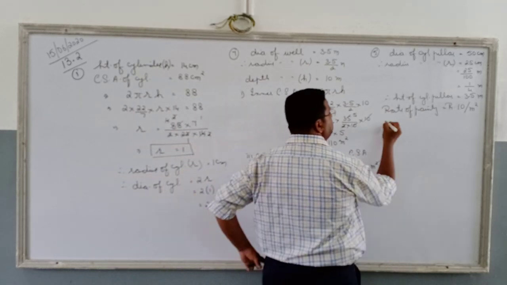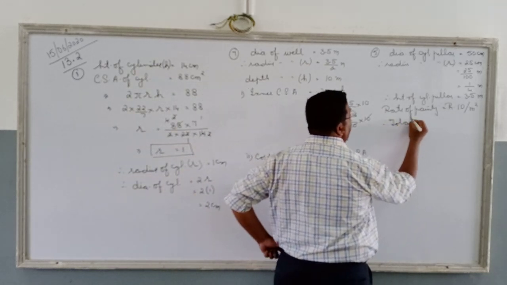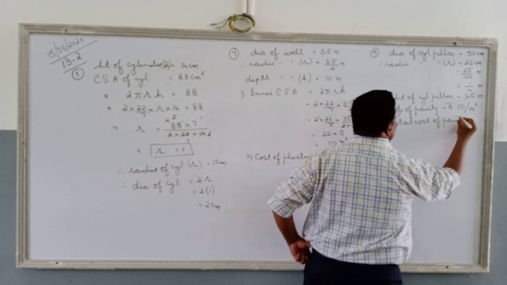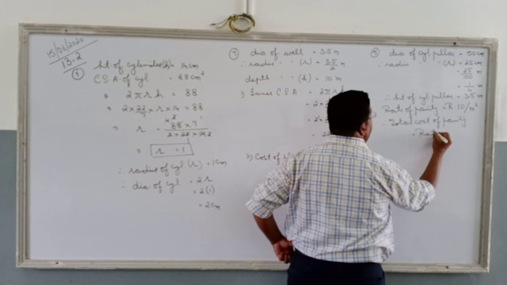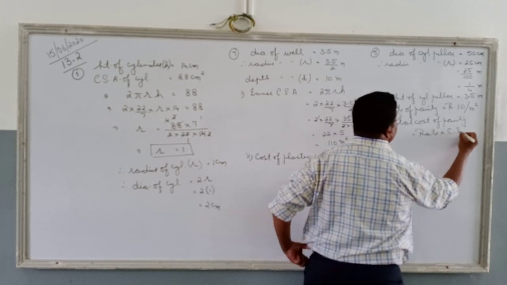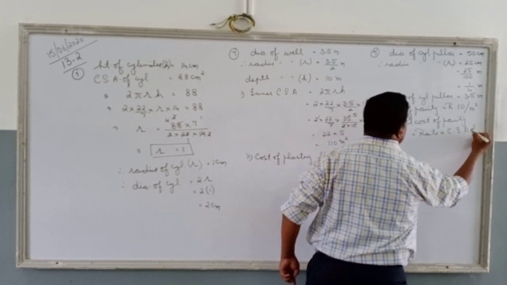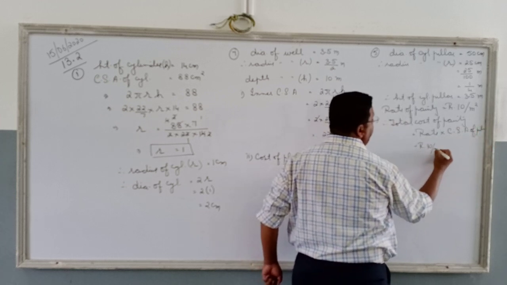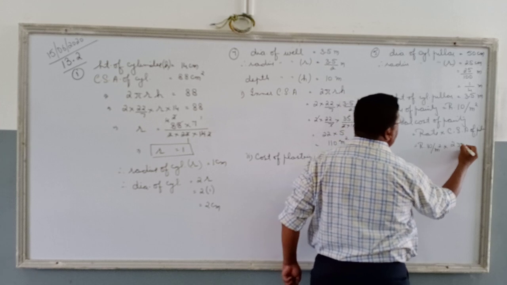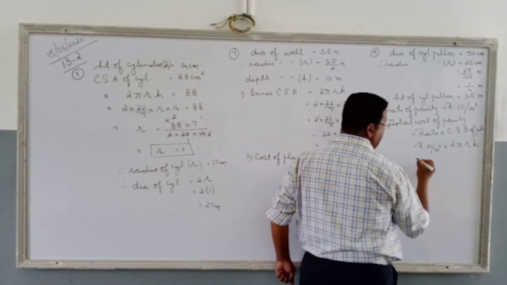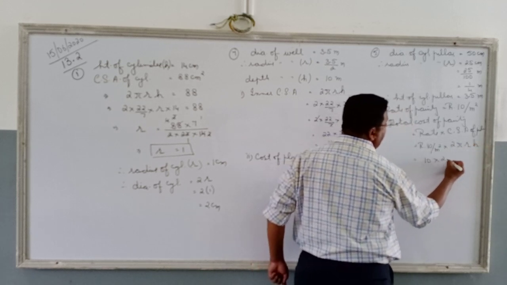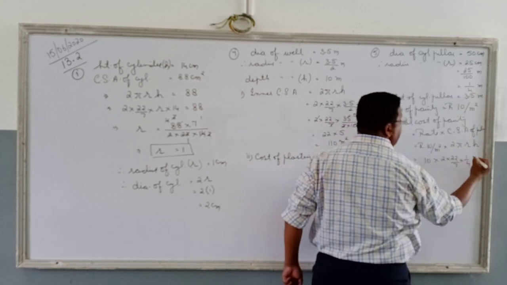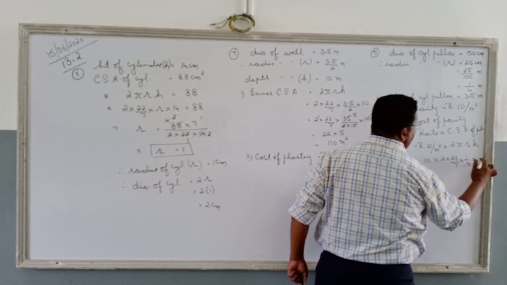So therefore, total cost of painting is equal to rate multiplied by curved surface area of pillar. So rate is rupees 10 per meter square multiplied by curved surface area 2 pi r h. So 10 multiplied by 2 into pi, 22 upon 7, r, 1 by 4 meter, h, 3.5 meter.